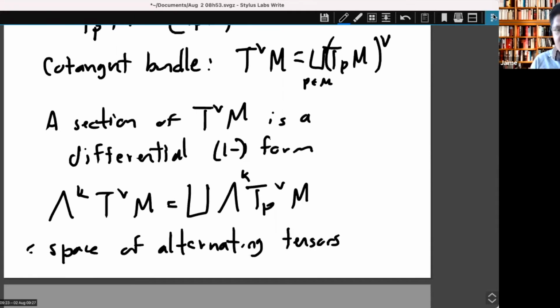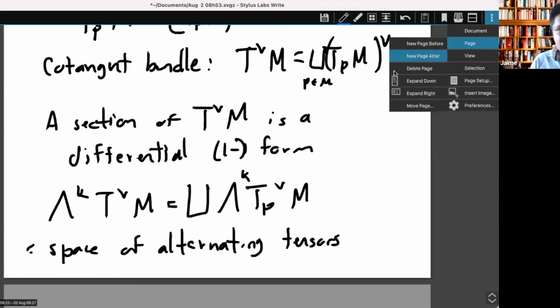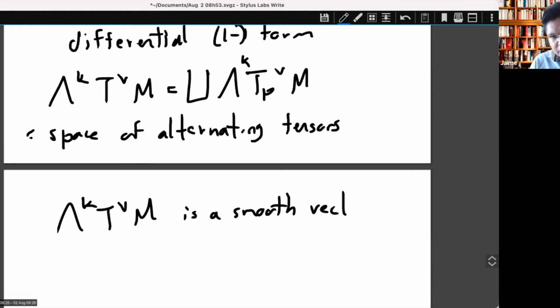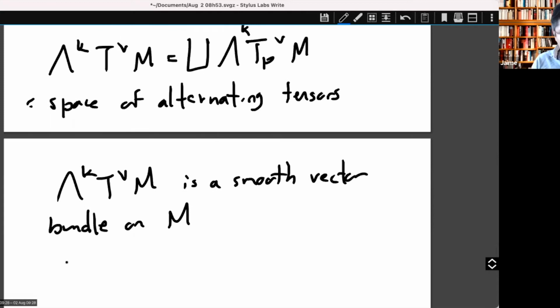It turns out that this is also a smooth vector bundle on M, right?